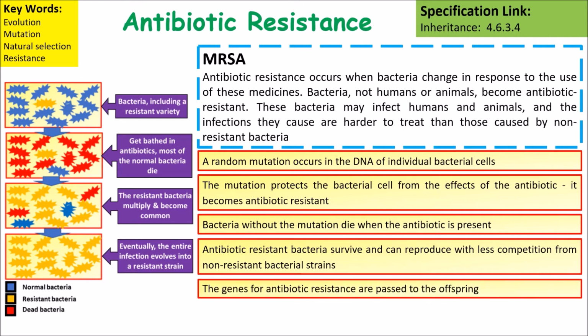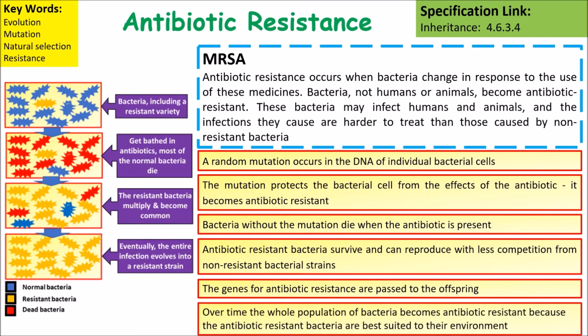The genes for the antibiotic resistance are passed on to the bacteria's offspring. Over time, the whole population of bacteria become antibiotic resistant because they are best suited to that particular environment. These antibiotic resistant bacteria occur most often in places like hospitals, where there is constantly a higher concentration of antibiotics.